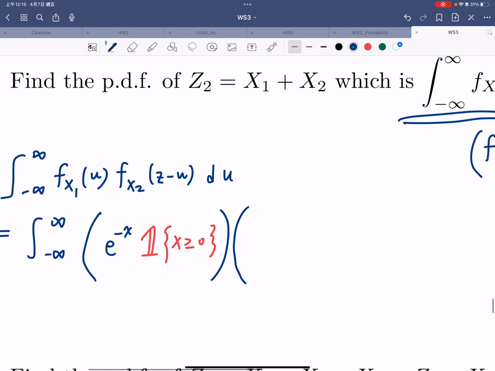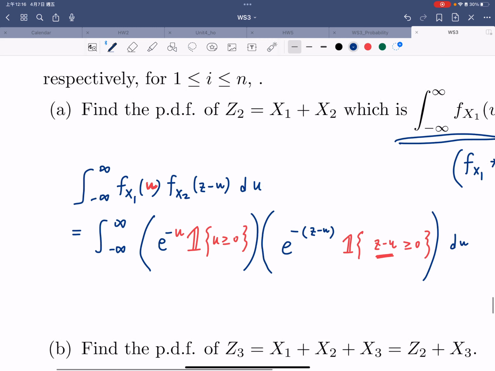And the second one is exponential to negative u, and u is greater than 0. Why? Since here the variable is u, right? And the second, fx2, is exponential to the negative of the variable z minus u, with an indicator that z minus u is greater than 0, du. So be careful.